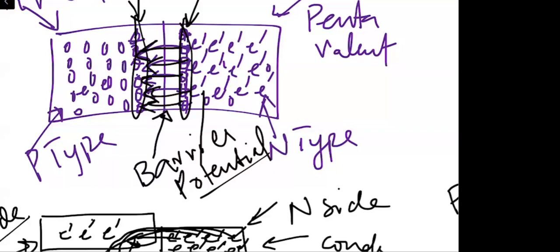Now the region over here in which the barrier potential is being created is called the depletion region, right?